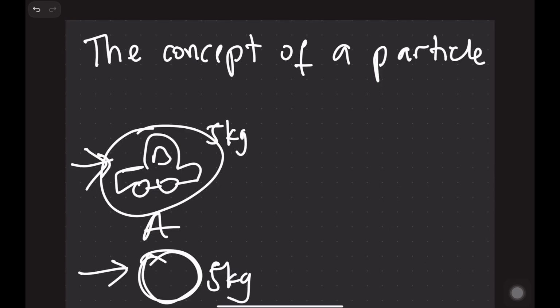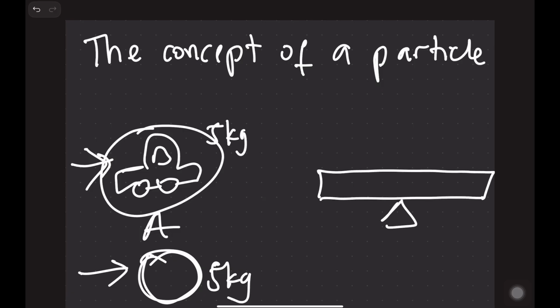So let's consider a lever with a pivot. If a force is applied at point A on the lever, we can see that point A moves in this downward direction, and point B, because of the pivot which is in the center of the lever, will move in the upward direction.